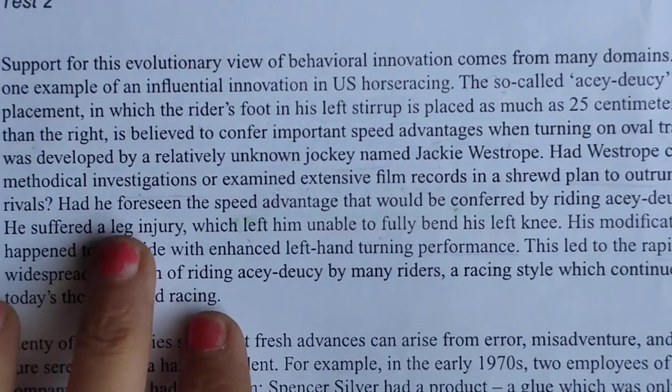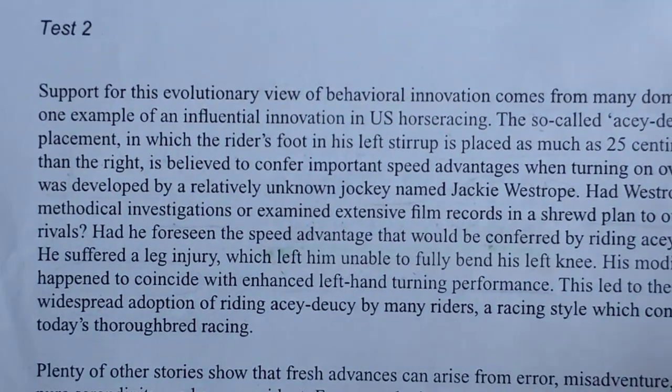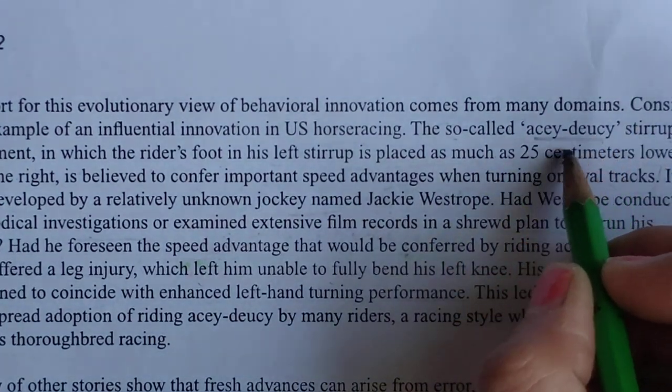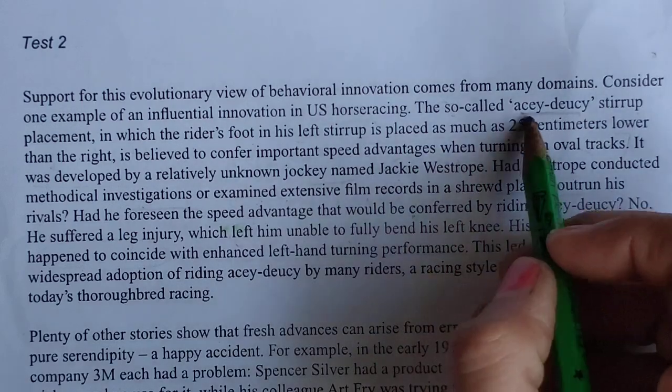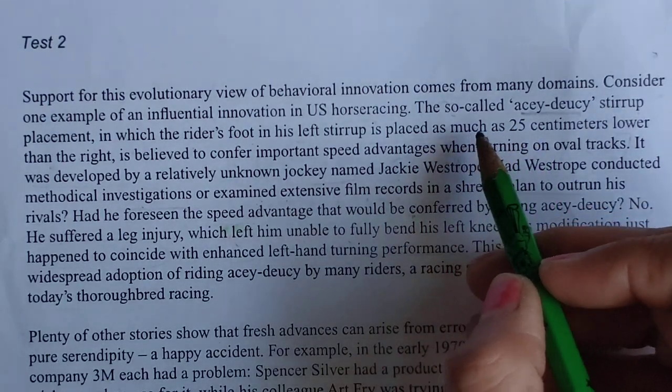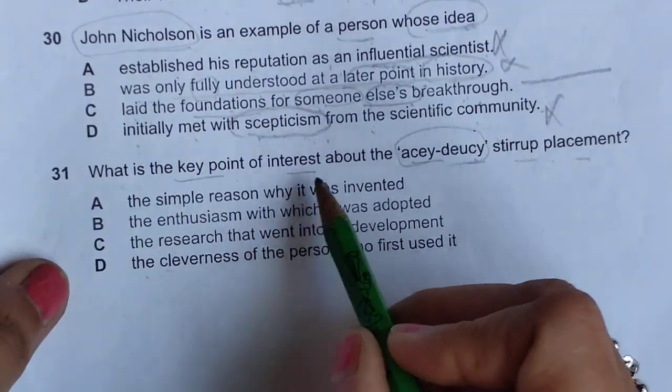Now this is the next page's paragraph, and we are looking for this word. So this word is here. We can read it from here. What is the point of interest? They were asking for the key point of interest.